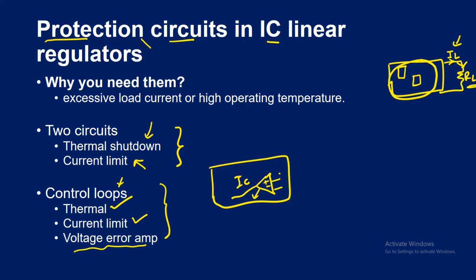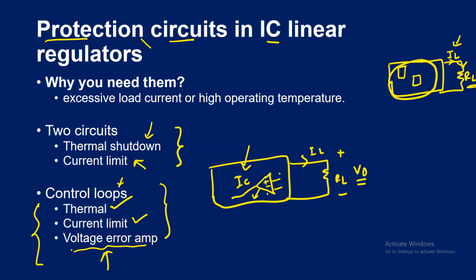Out of these three loops, the voltage control will always take the lead, and it assumes that both the load current and the junction temperature are below their threshold values. It assumes the regulator IC is working properly, delivering the proper load current, the temperature within the IC is under control, and the voltage control group is maintaining a constant output voltage across the load.